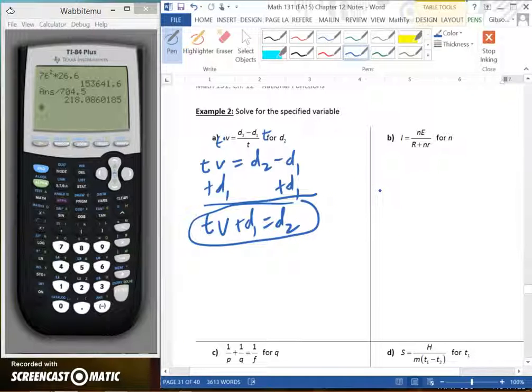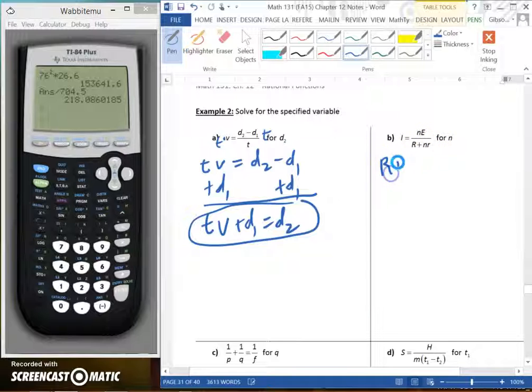Now we come here to B. Now with B, it says they want us to solve for lowercase n. Now if you notice here, we have a lowercase n in our numerator and our denominator. So this is what we need to do. We will multiply this whole fraction by r plus lowercase nr.